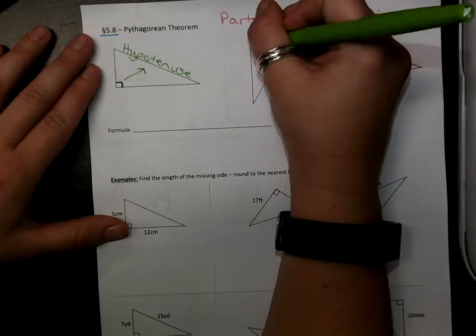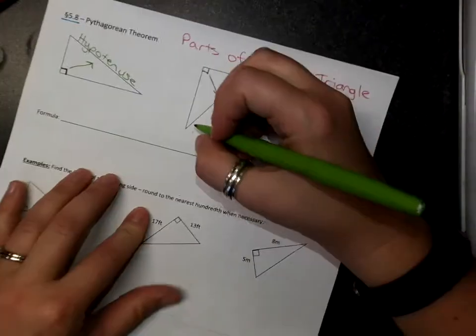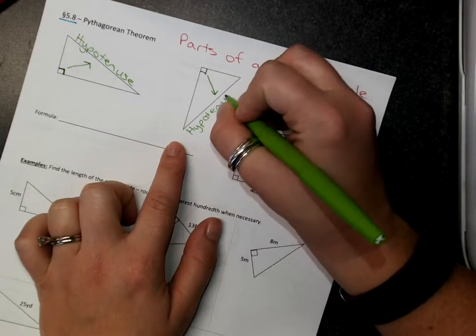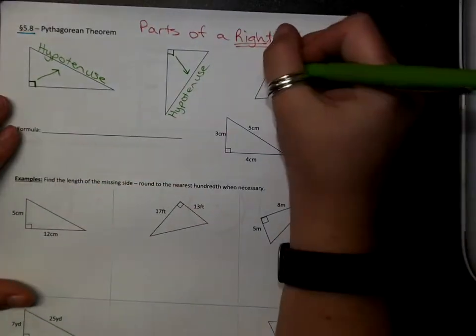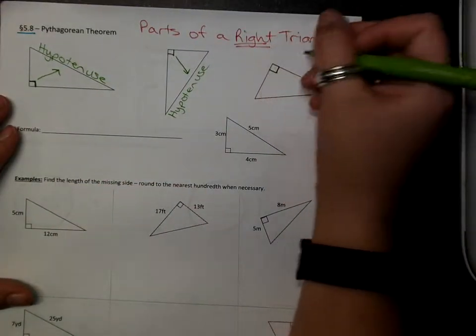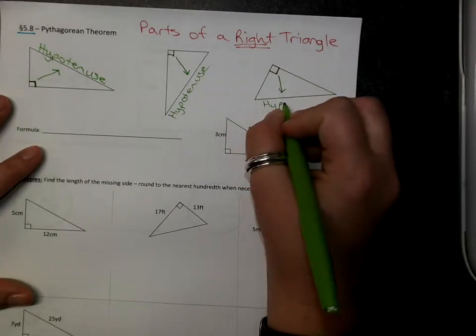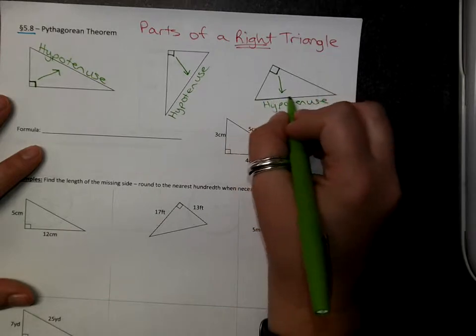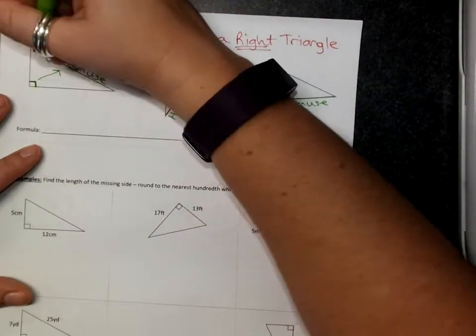So if you find your corner, it's across, and that long side is called the hypotenuse of a right triangle. No matter which way the triangle's facing, if you find the corner and you go across, that is the hypotenuse of the triangle.